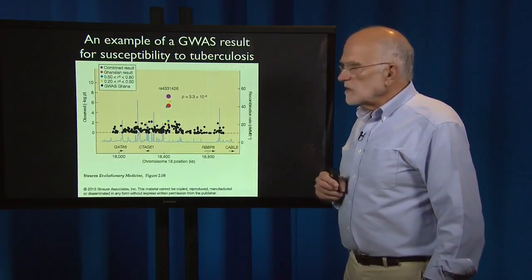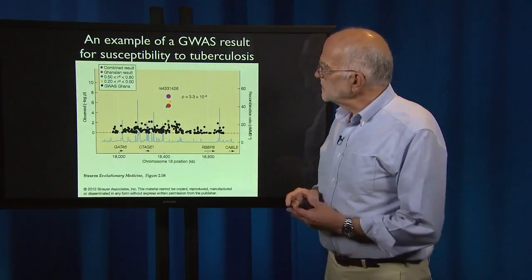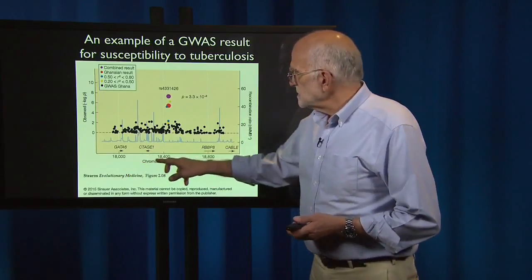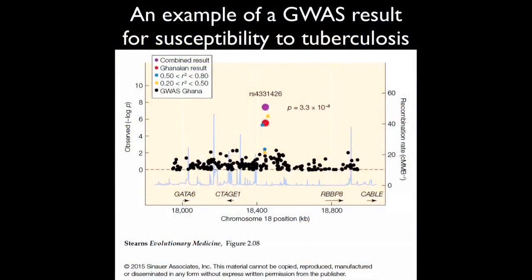Here is an example of a GWAS result to give you some familiarity with it. What you see here on the x-axis is the DNA sequence along a particular chromosome. This is chromosome 18, and these are positions in kilobases. So marching down the chromosome, if this is 18,000, that means that we are 18 million positions from the beginning of the chromosome.